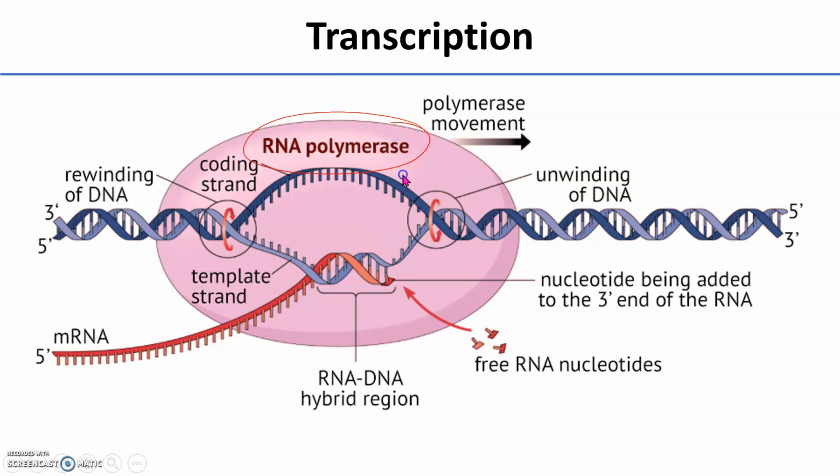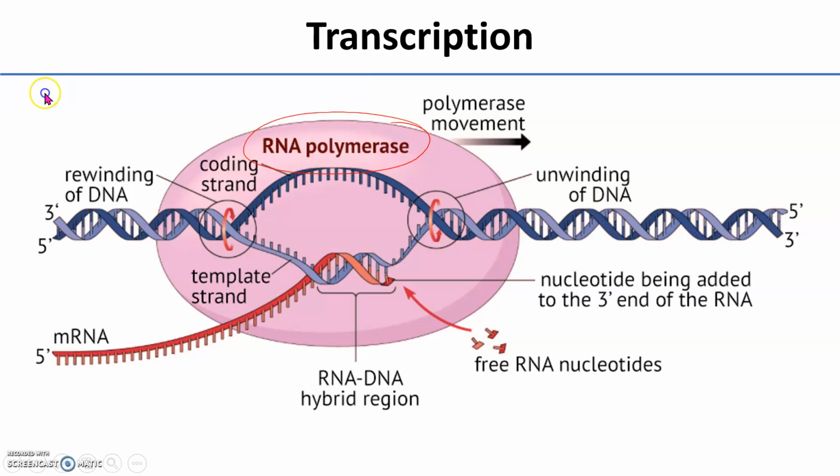So the DNA is only open for a short while so that the message can come out, and then it closes right back up again. In transcription, the RNA polymerase comes and attaches to the DNA molecule, opens it up, reads it, adds those nucleotides to form the RNA, and then lets the DNA close back again.